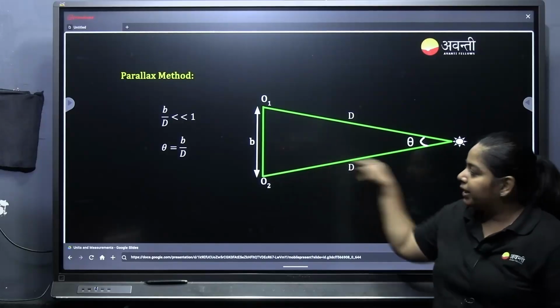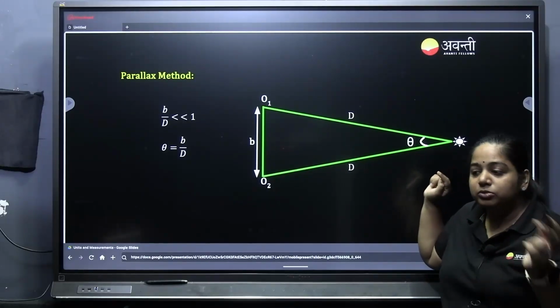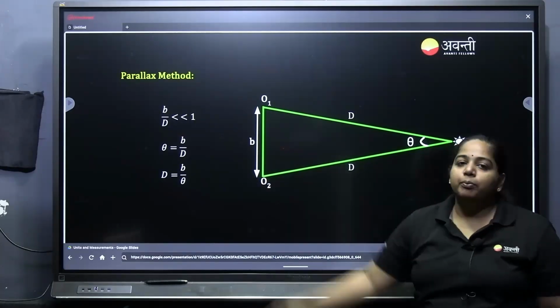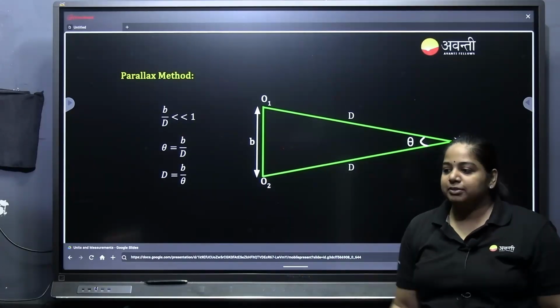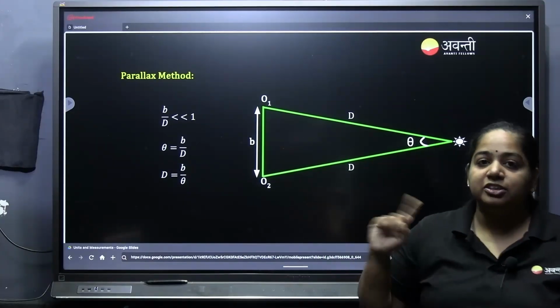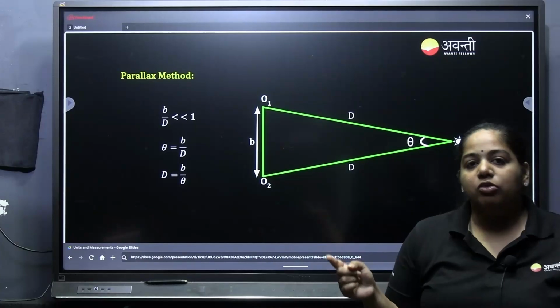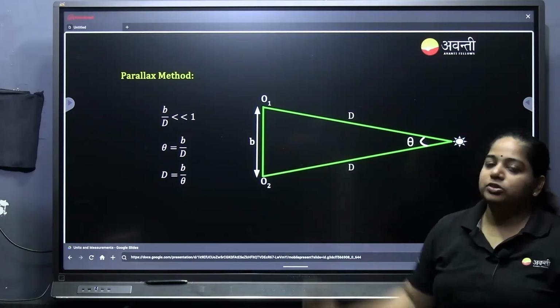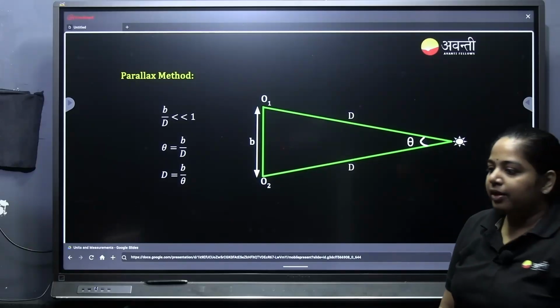Arc length by radius equal to theta, that is from plane angle. Now D will be equal to B by theta. This is parallax method. So first method is to find the distance of an object, how far an object is.